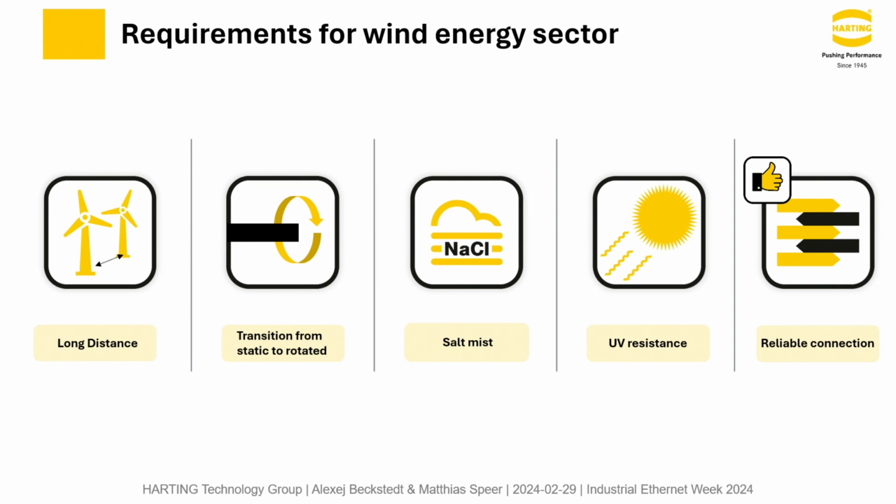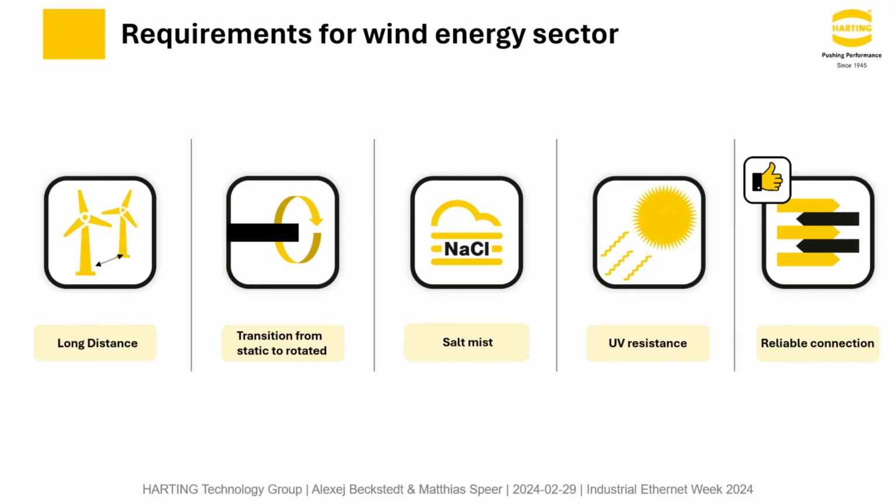If we have an error in such a network, it's really difficult to repair it, because someone has to be sent out and it has to be fixed, and that always costs a lot of time and of course money. To avoid that, it's really necessary to have a really reliable connection here.